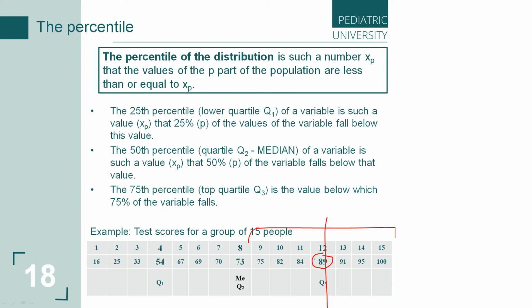This means that 25% of people wrote the test with more than these points, 25% of all the sample, and 75% of people wrote the test with less than 89 points. Again, you can see how quartiles work.